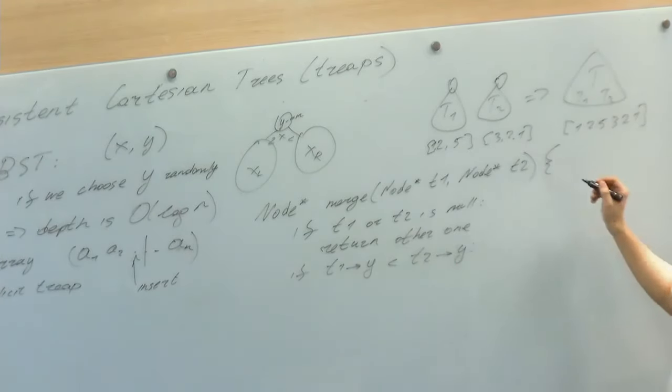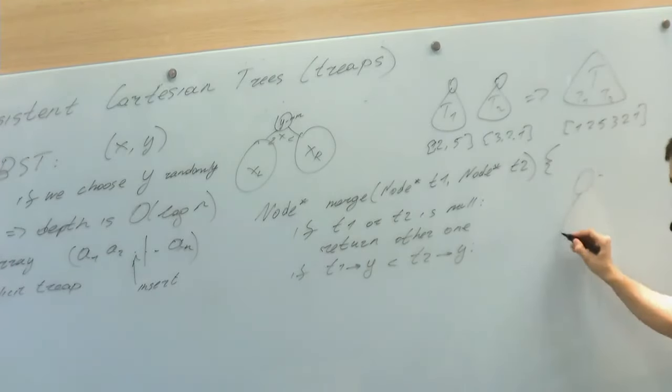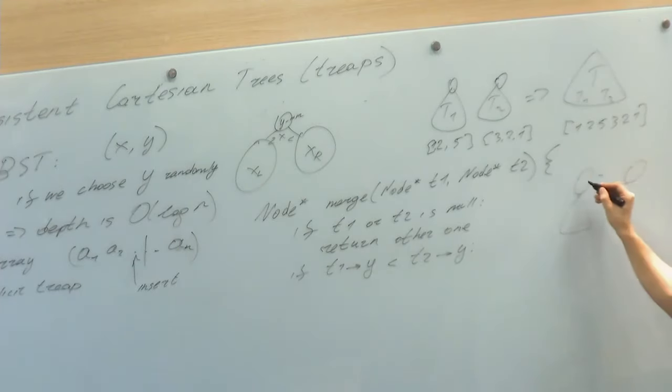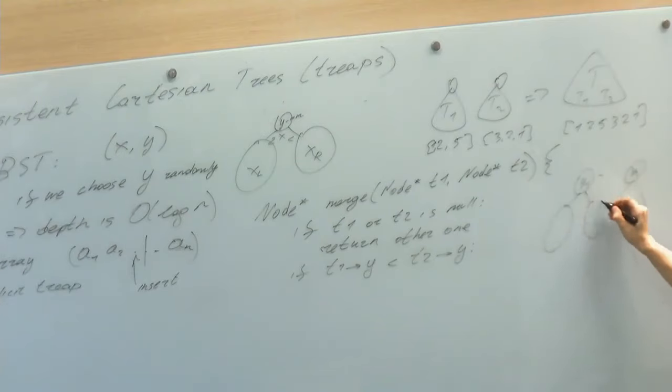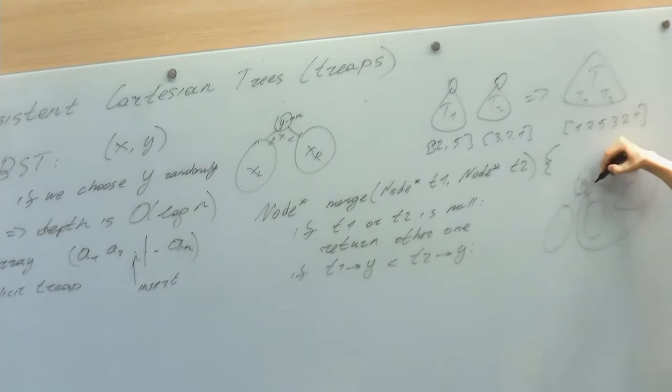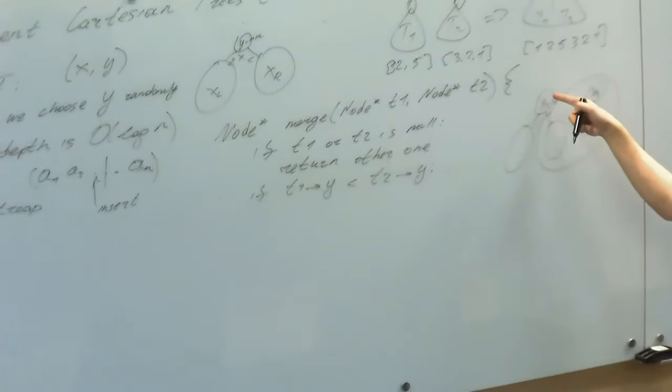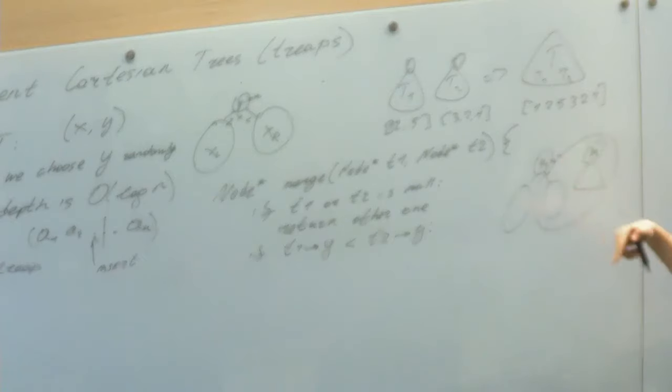well, what do we do? If this Y in T1 is less than the other one, well, we have two different subtrees here. So this has to be the root. So we'll merge these two, and we'll make this the right subtree of the root of T1, and the other way around.